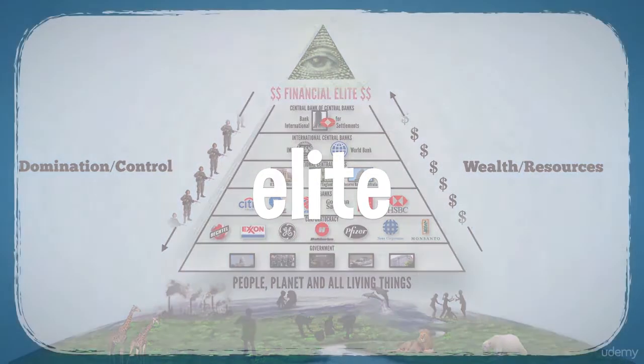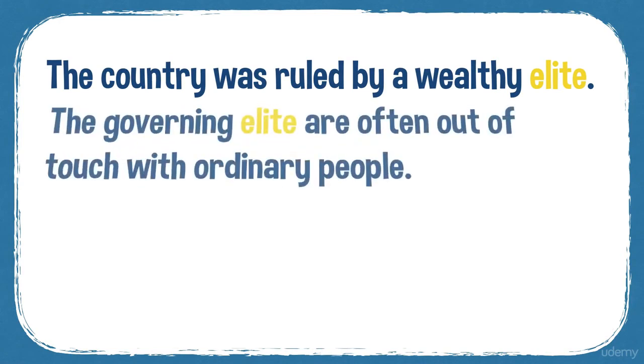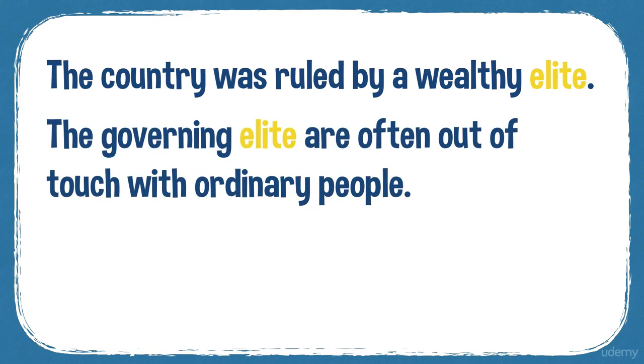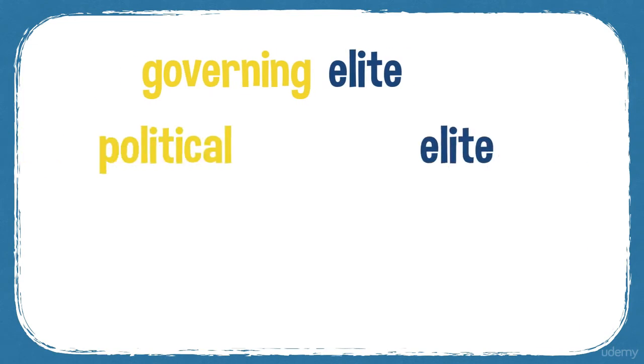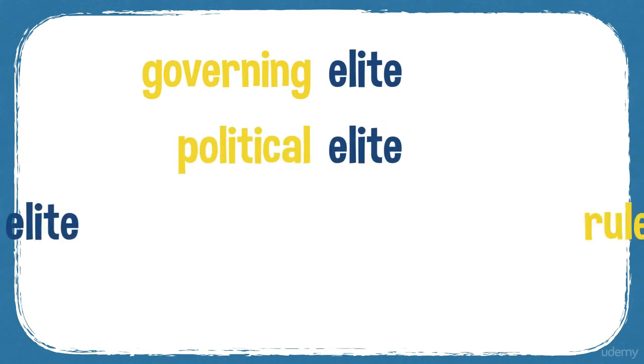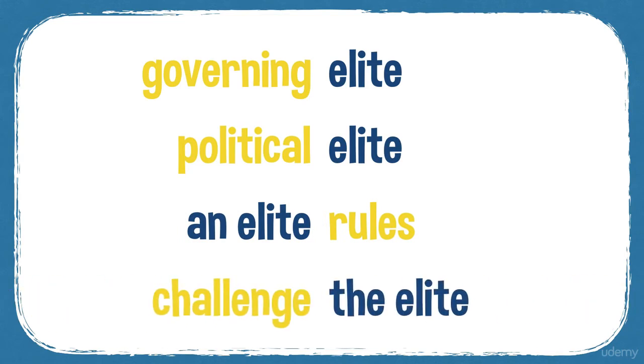So the elite go at the top, the political elite, for example, the wealthy elite. The country was ruled by a wealthy elite. The governing elite are often out of touch with ordinary people. The debate is dominated by an intellectual elite. We often talk about a governing elite or a political elite. An elite often rules a country, and you can challenge the elite.